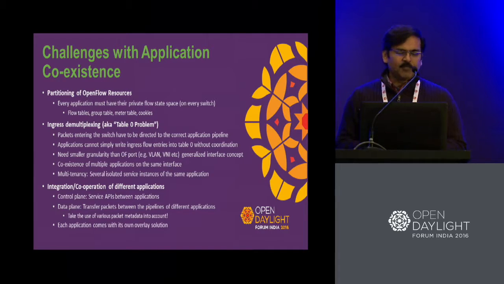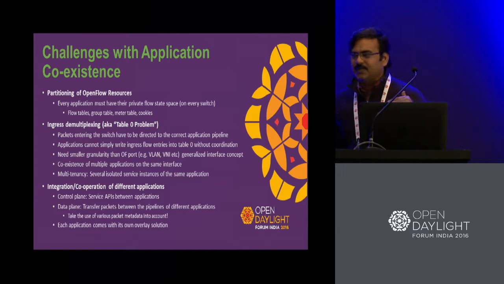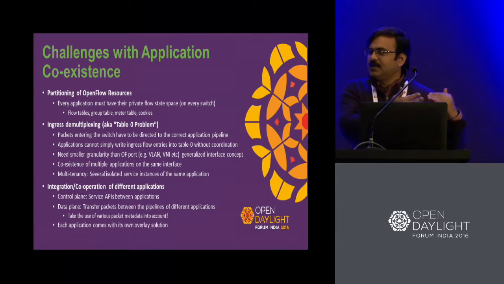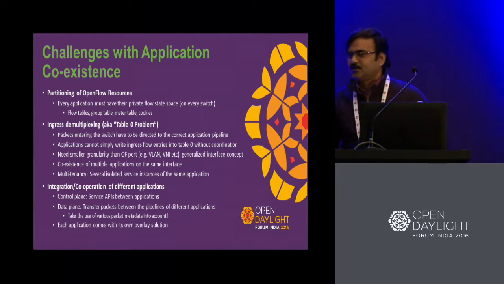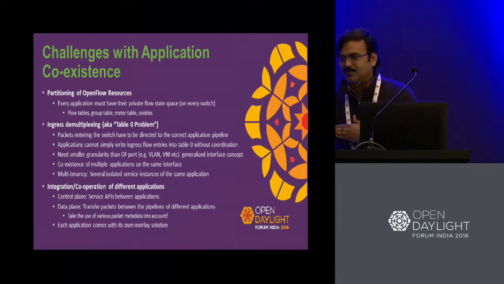Then the second problem was demultiplexing. All the packets that are entering come into table 0. If there are multiple services or applications interested in the same packet, each application writes in table 0 to fetch the packet towards their pipeline. Then the problem was who gets the packet first, and after that, how the packet is delivered to the next service.